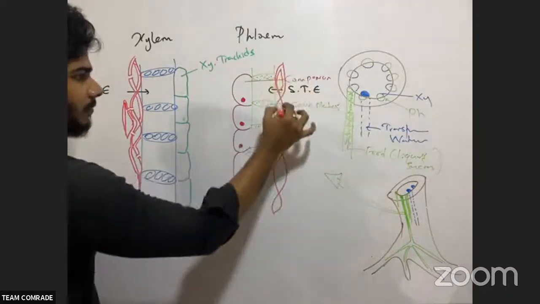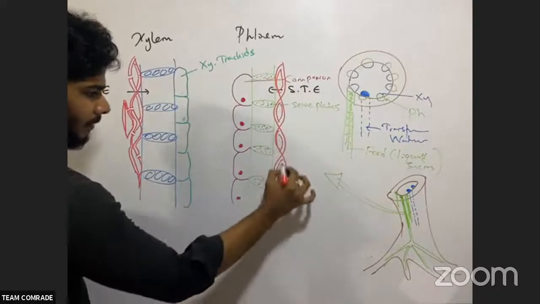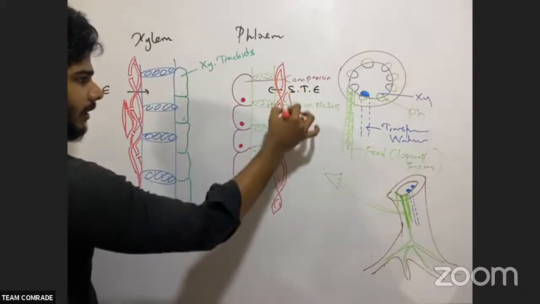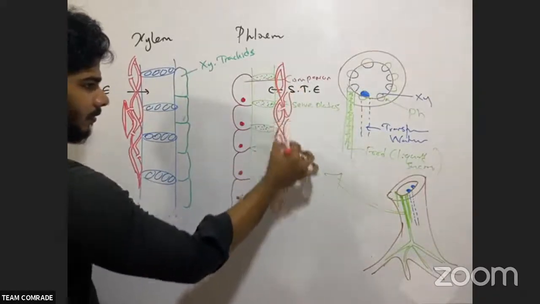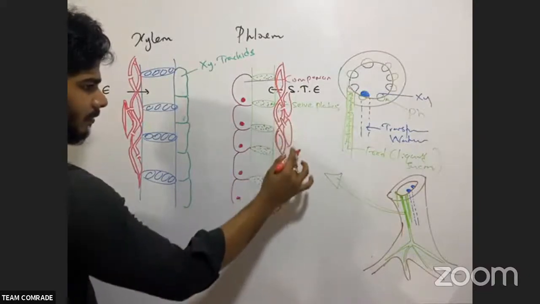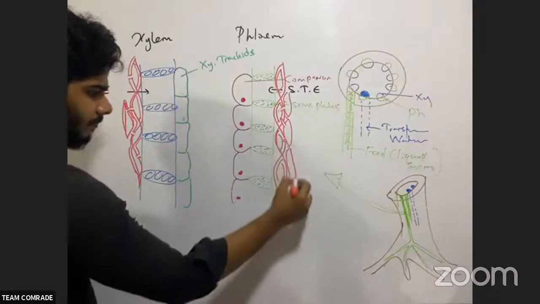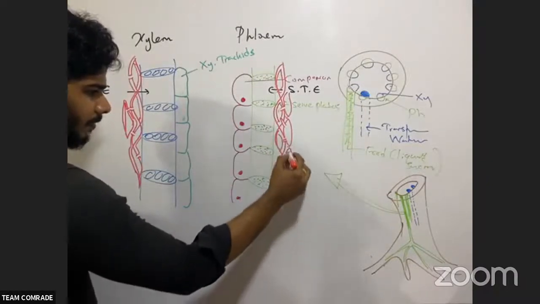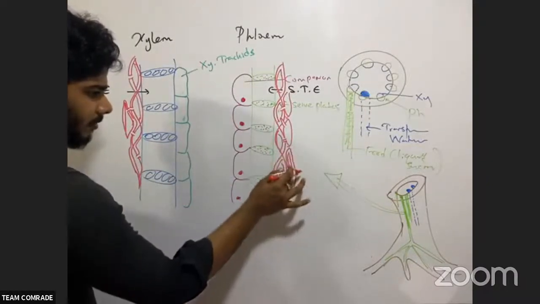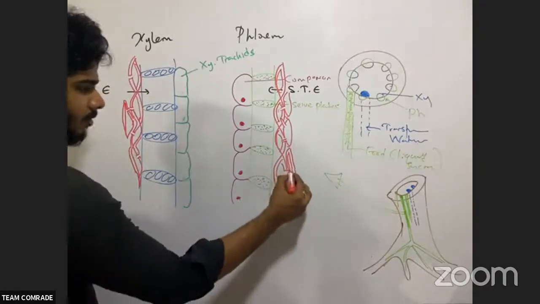So I will draw like this, because this is a cross section I'm drawing. What is this structure? Soon, tell me.